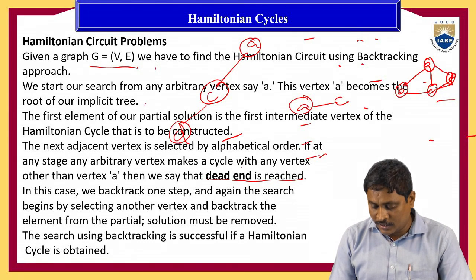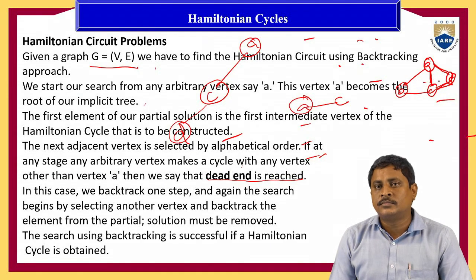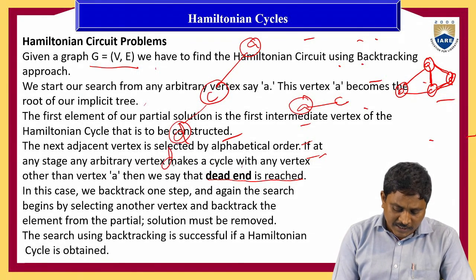So A to C, C to D, D to A forms a cycle, and a dead end occurs here.